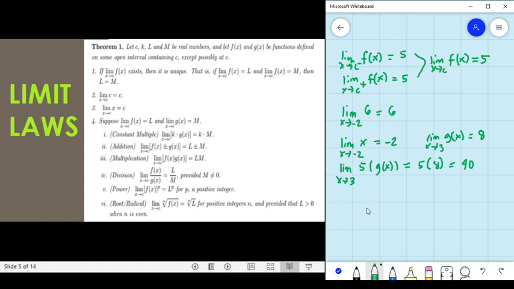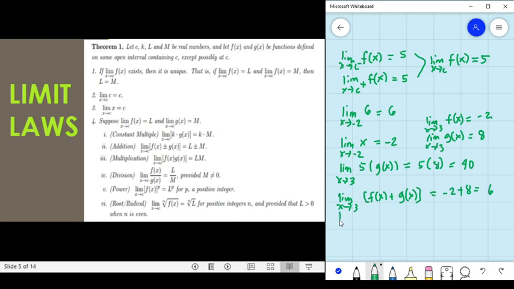Then we also have what we call the addition theorem. Let us say the limit of f(x) as x approaches 3 is equal to negative 2. In order to find the limit of f(x) plus g(x) as x approaches 3, it is negative 2 plus 8, or 6.